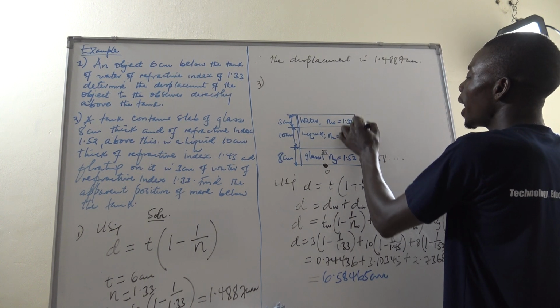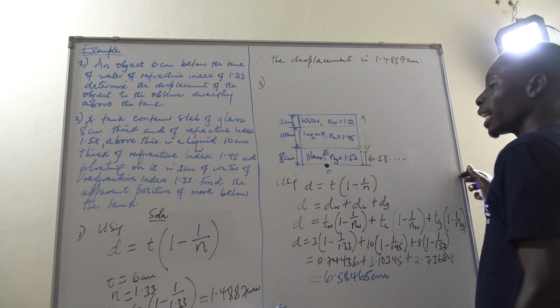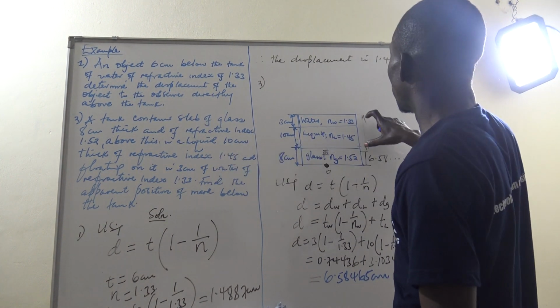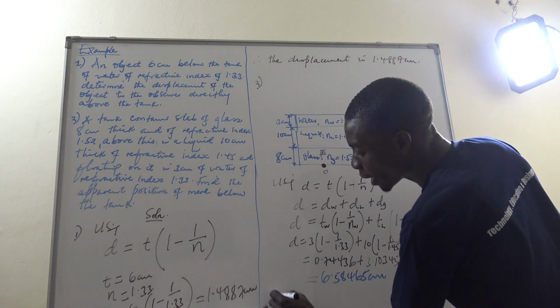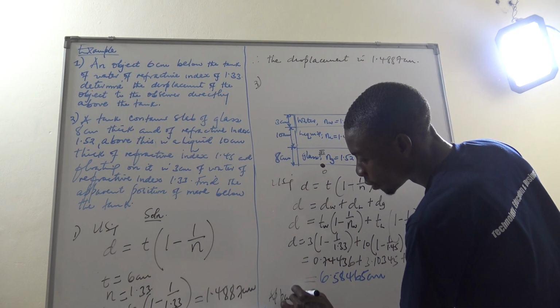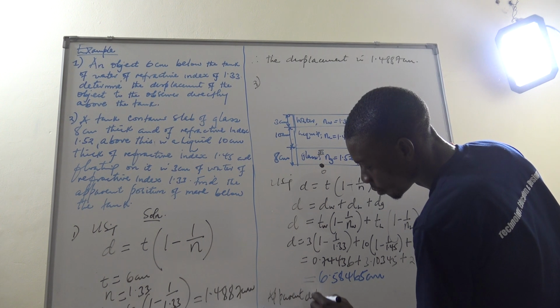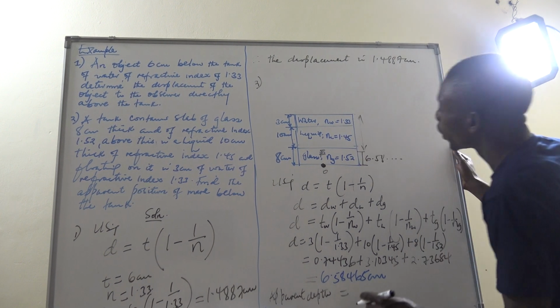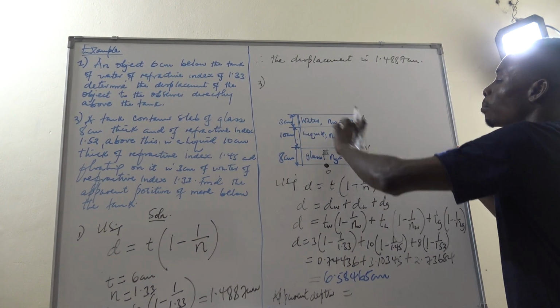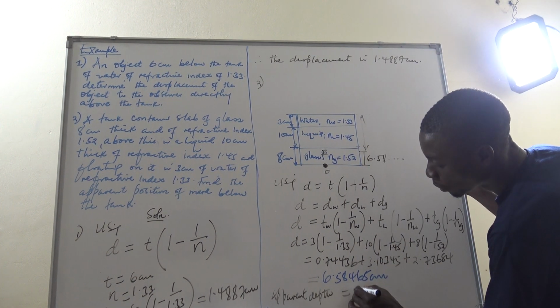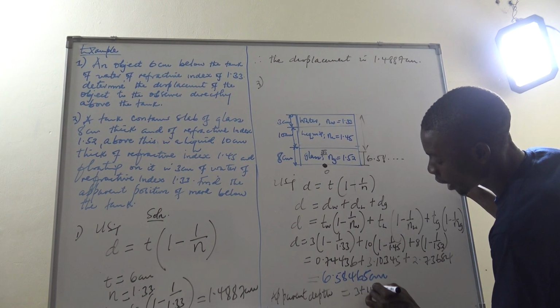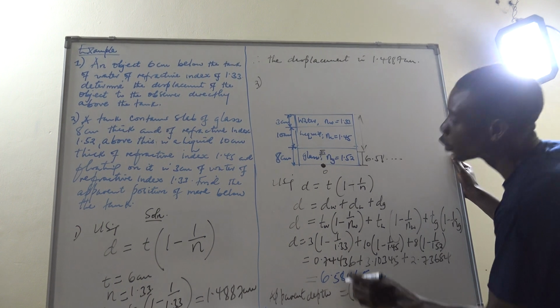So if we are to get the apparent depth, they need now this. So our apparent depth will be equal to the total depth minus the displacement.